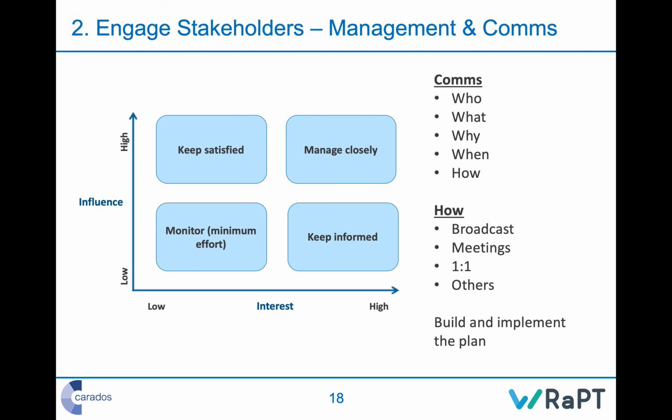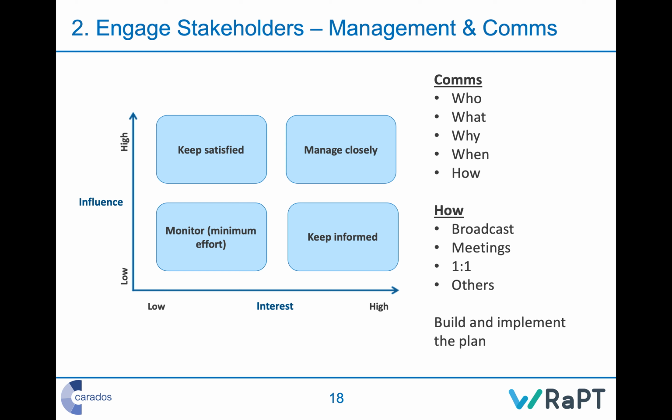If somebody is a particularly high influence and they are very, very interested in what's going on, then you need to manage and work with those people very closely. If they're interested and influential, from a management and communications point of view, those people need to be engaged in the program. If they're interested but they're not particularly influential, you need to keep them informed. If they're influential but they can't really be bothered, you just need to make sure they know what's going on and are satisfied with it.